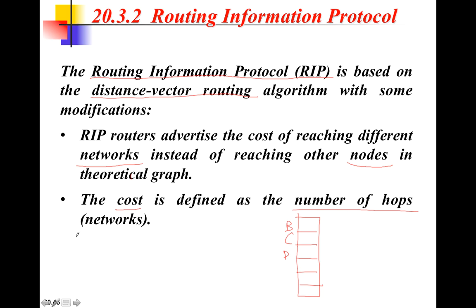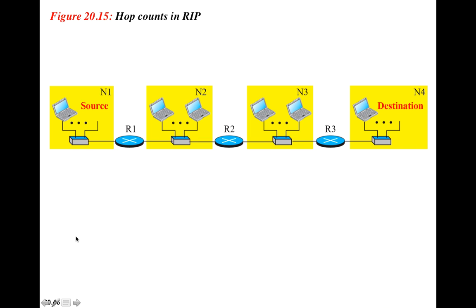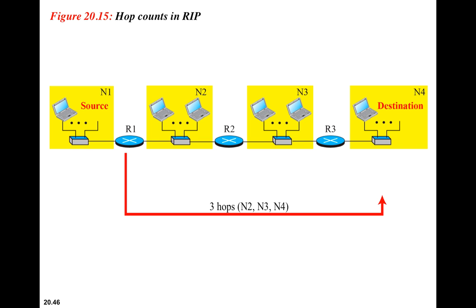The number of hops. So here is how it works. If we are finding the number of hops from R1 to destination N4, which is in network N4, there will be 3 hops, 1, 2, and 3.